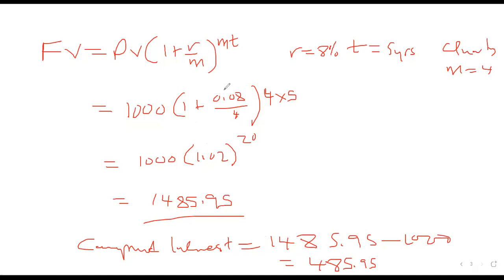So this component gives us a new concept, which is called the effective annual rate. The effective annual rate is simply given by (1 plus r over m) to the power m, minus 1.